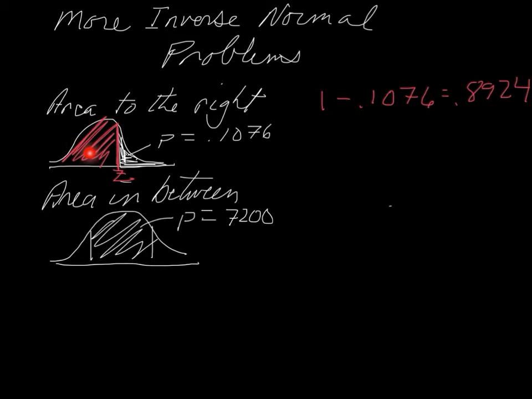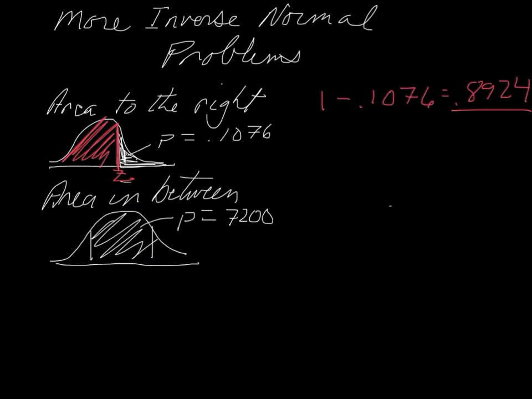And since we have that area, we can now just go to our table and find that z-score that corresponds to this area. And I'm going to whip over to my table really quickly and find that z-score. We need to remember when looking for z-scores that the exact number might not show up.